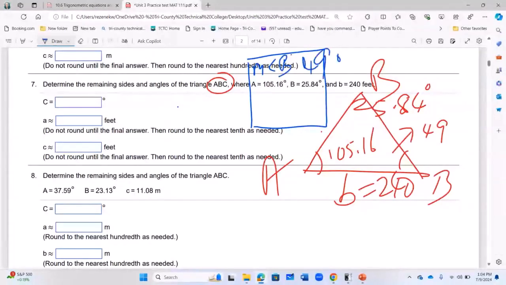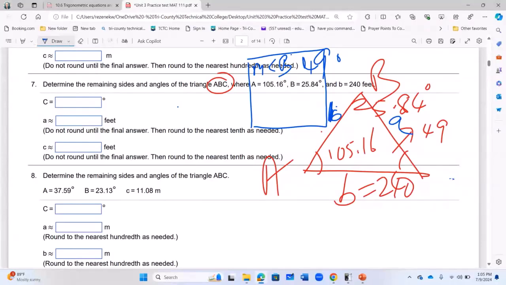Okay, and now that I have measure of angle B, I'm looking for the measure of angle A and the measure of, not angle, I mean side B. So this is side B, this is side A. Actually, A, B, C, that makes more sense. Okay.